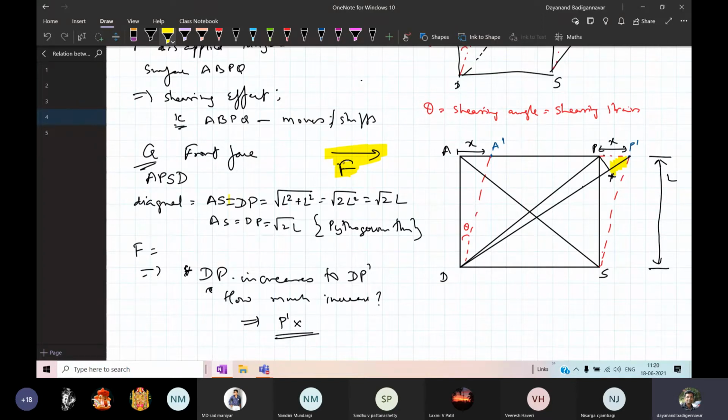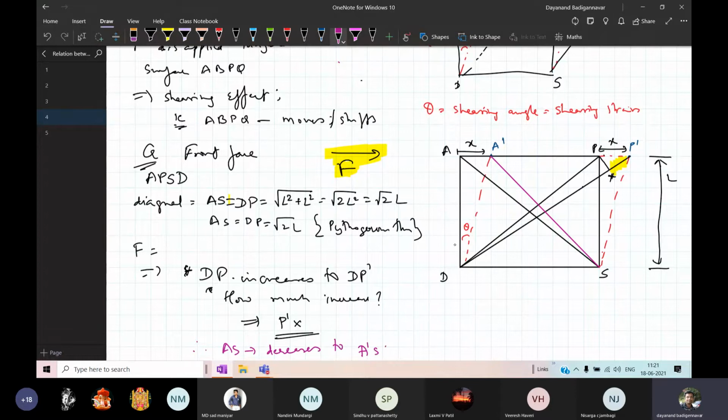Similarly, I have one more diagonal AS. By the application of the force, the diagonal gets shrunk. So this is the new diagonal what you have. I want to get the decrease in the diagonal. So diagonal AS decreases to A dash.